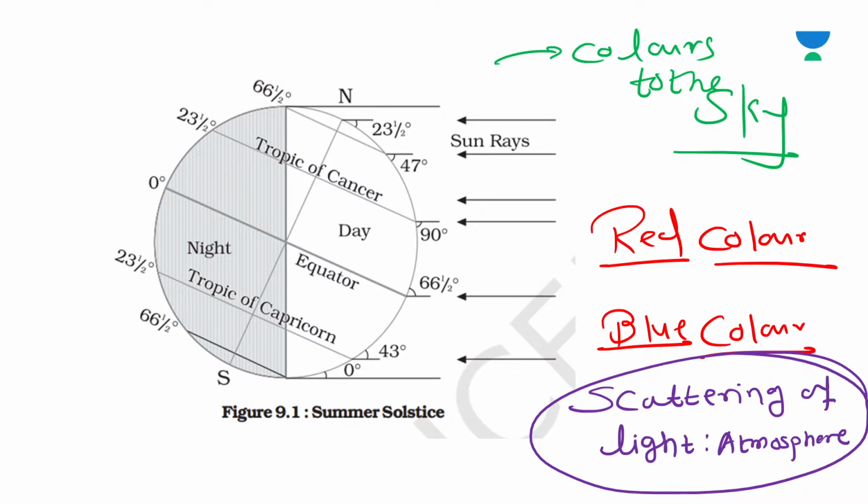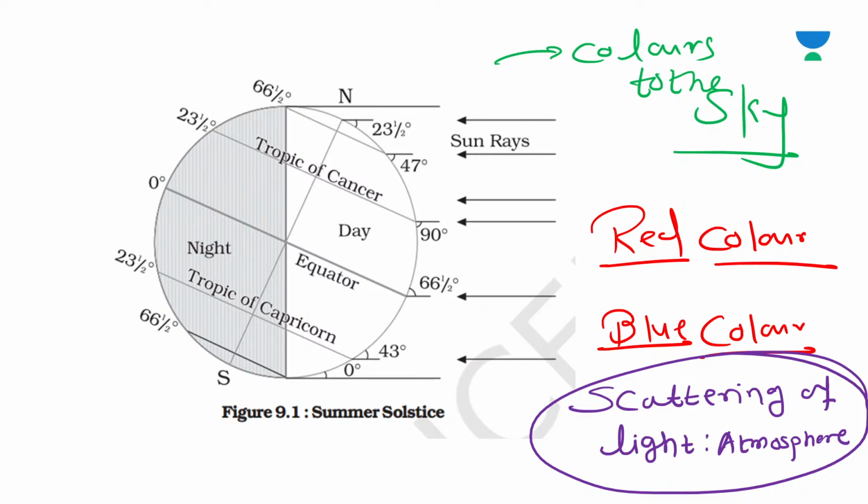Now within the troposphere, water vapor, ozone and other gases absorb much of the near infrared radiation. So very small suspended particles in the troposphere scatter the visible spectrum both to space and towards the Earth's surface.